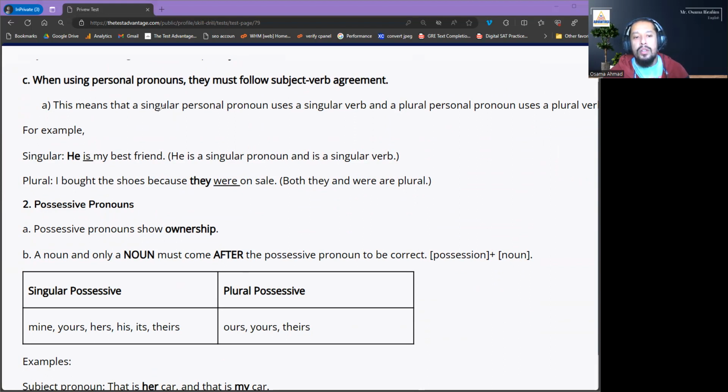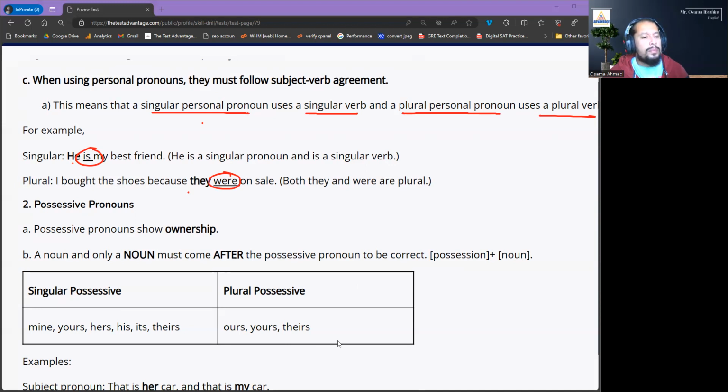This means that a singular personal pronoun uses a singular verb, and a plural personal pronoun uses a plural verb. Again, he is. مش هقول he are, صح? I bought the shoes because they were. مش هقول they was. So remember, pronouns لازم يتفق. It must agree with the noun. Pronouns must also agree with the verb.